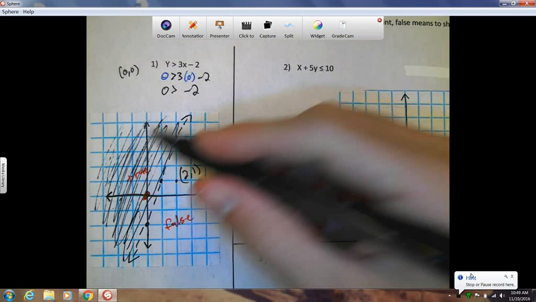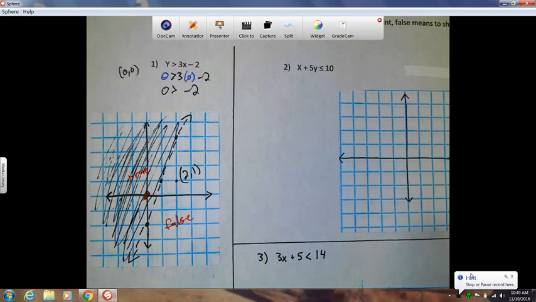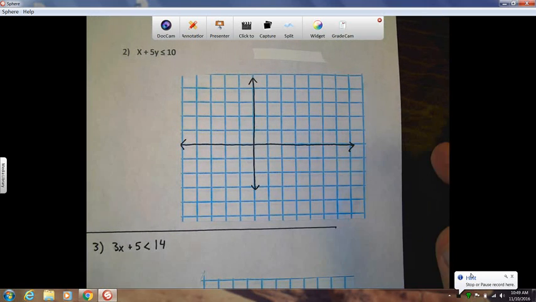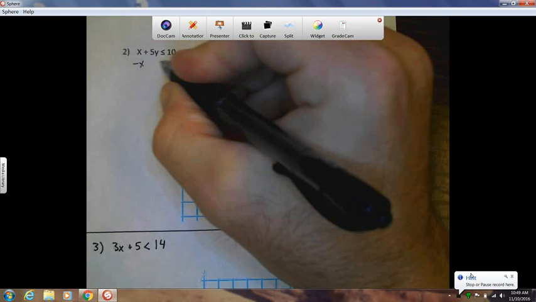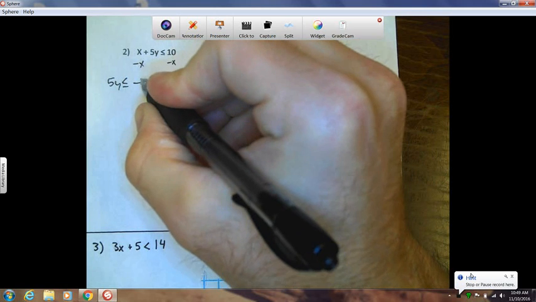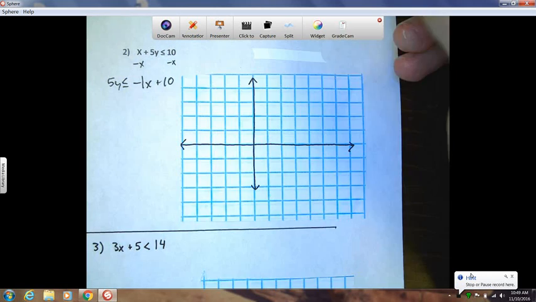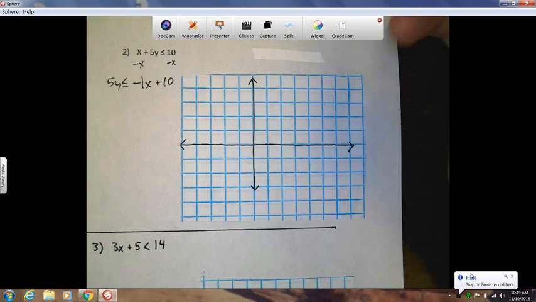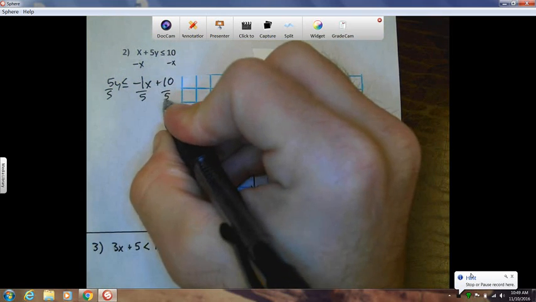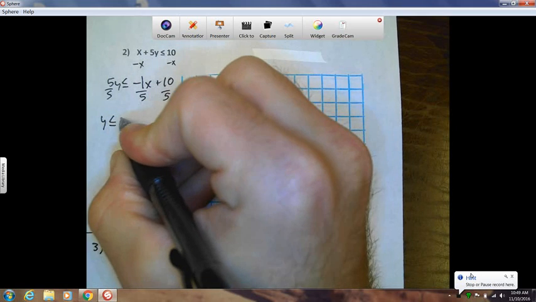Let's look at number 2. Okay, I'm not ready to graph this yet because it's not in slope-intercept form. So I'm going to subtract x from both sides. I'm going to add a -1 just so I can make sure I remember that for the slope. And then divide everything by 5. Okay, now I'm in slope-intercept form.